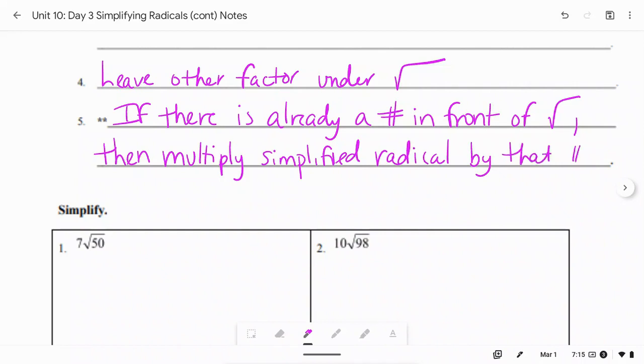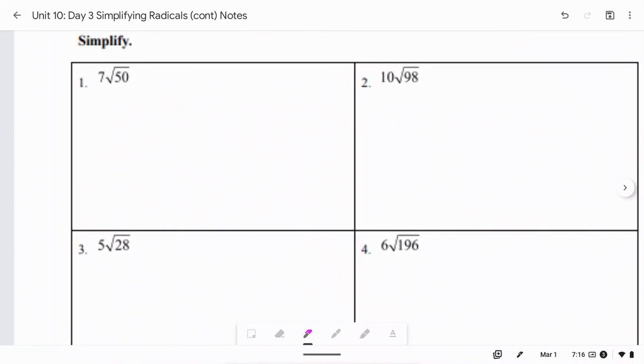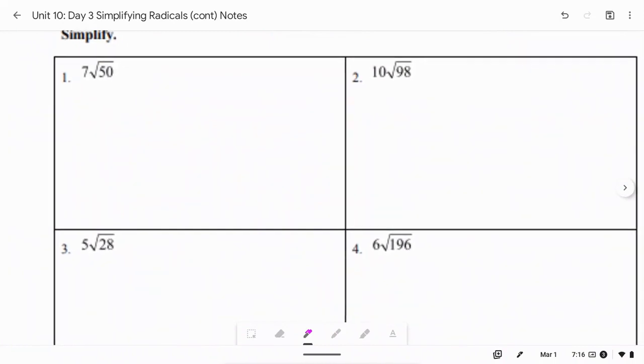So multiply the simplified radical by that number. So if there's already a number out in front, we're just going to multiply it by whatever we get when we take the square root of that perfect square number. So let's look at some examples together.